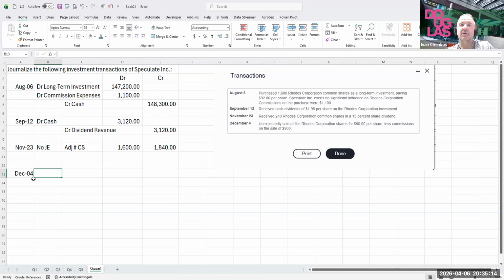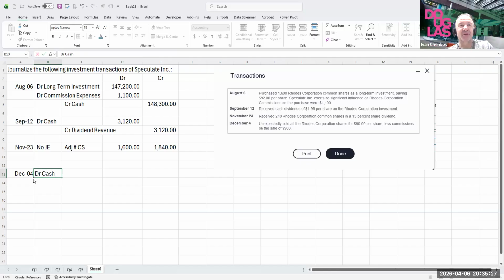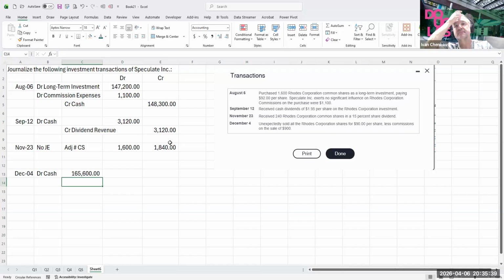When we sell the shares, what are we gonna get? We're gonna get cash.